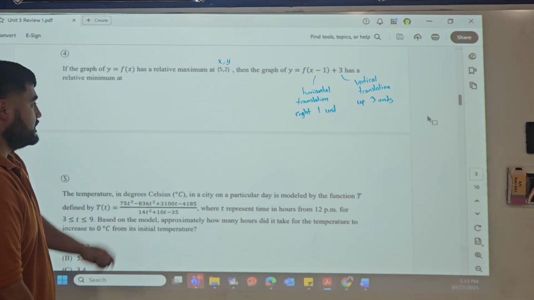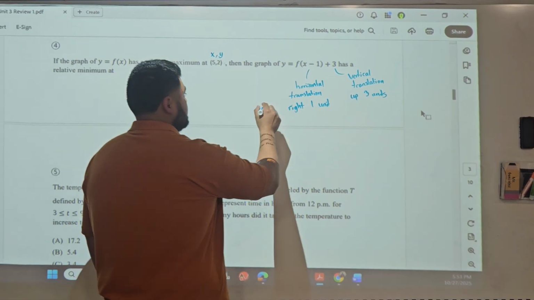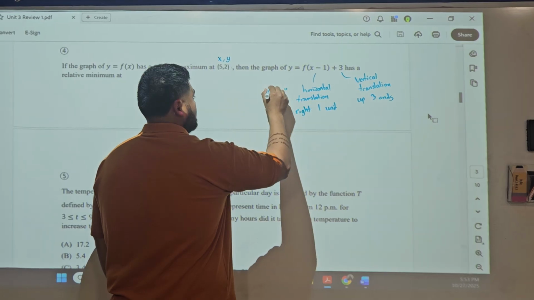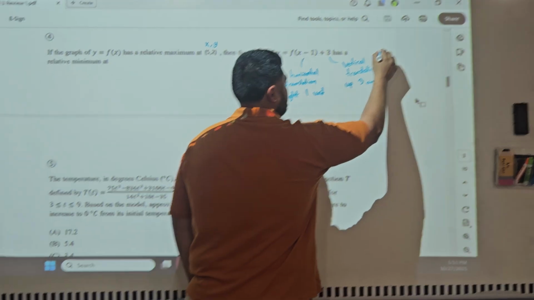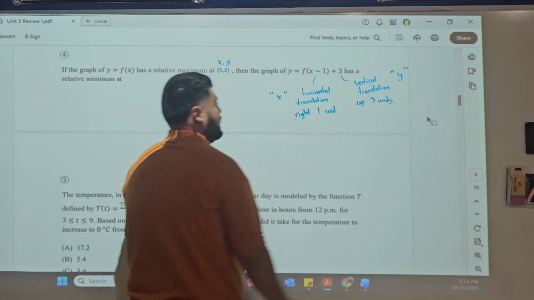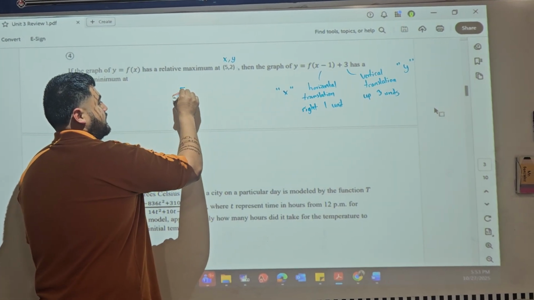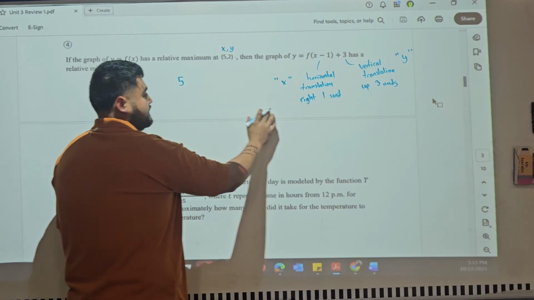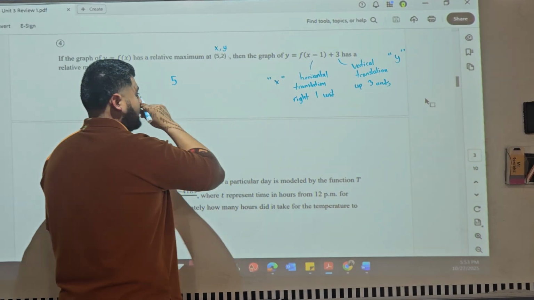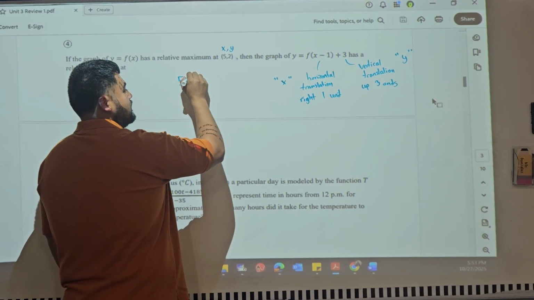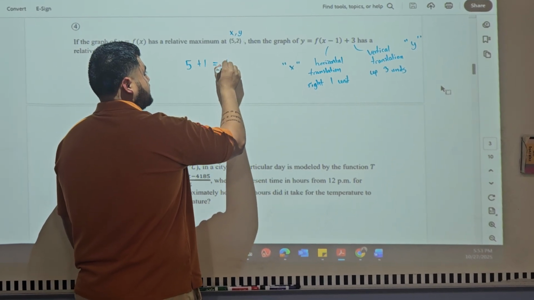So now, how does this apply to this? Horizontal, you're dealing with quote unquote x, and then vertical, you're dealing with the y. So you can break this by parts. Here you have a 5 for the x, and since you're going to the right 1 unit, you're gonna add 1, which is 6.